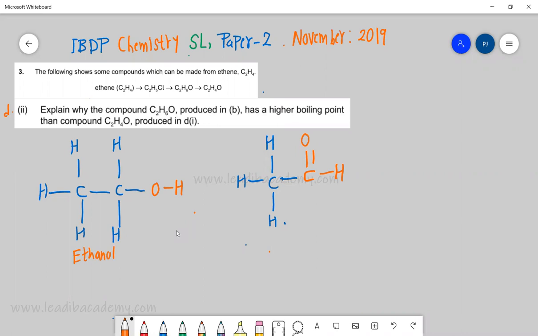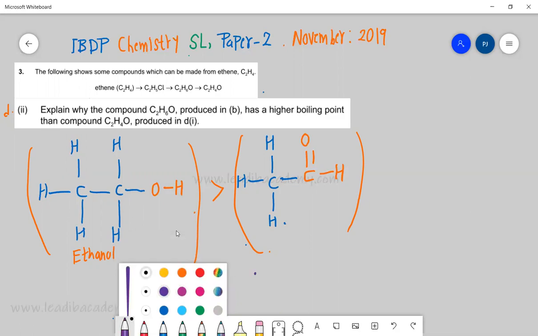So in terms of the boiling point, this has a higher boiling point than this. That's the question. So what do you think? What could be the answer? Very, very simple and conceptual.